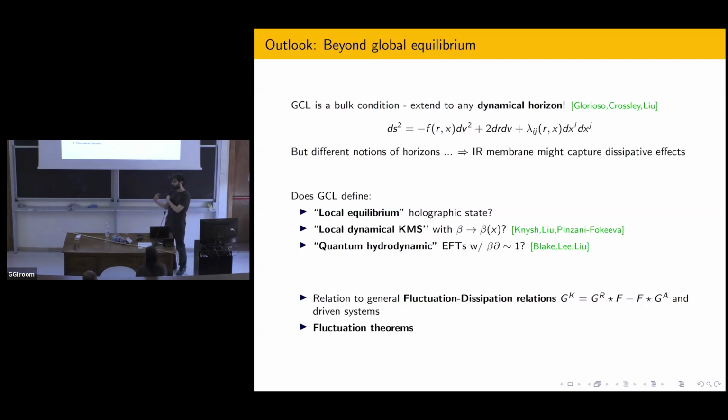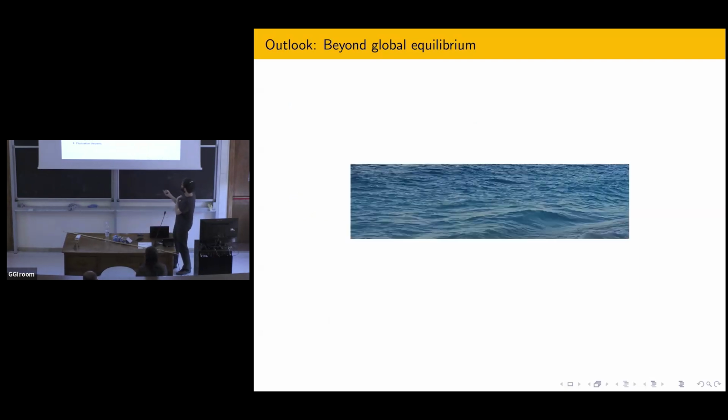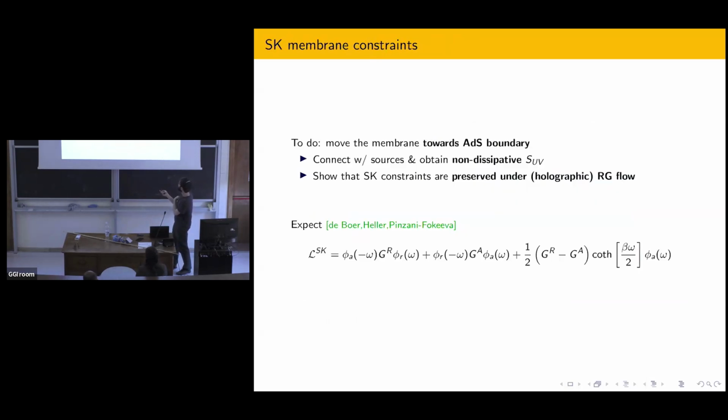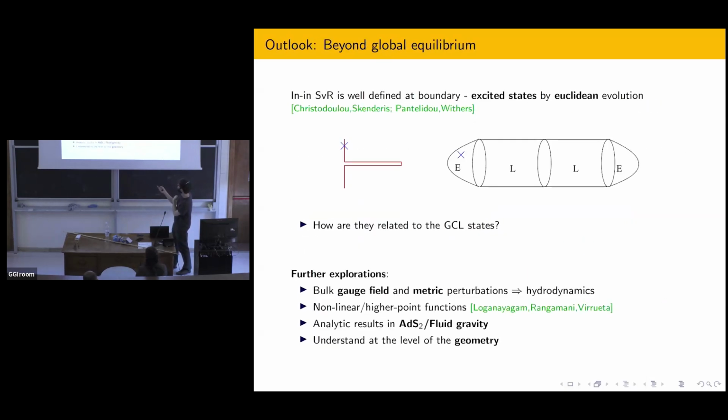It's known how to do that for a bulk gauge field and metric perturbations. So, for example, if we have a conserved U(1) charge on the boundary theory, this corresponds to a bulk gauge field, and basically the massless degrees of freedom in the bulk are Wilson lines extending from the boundary to the cutoff surface.